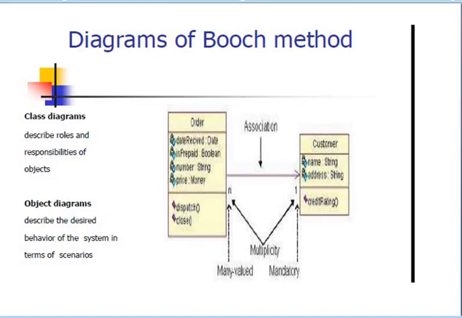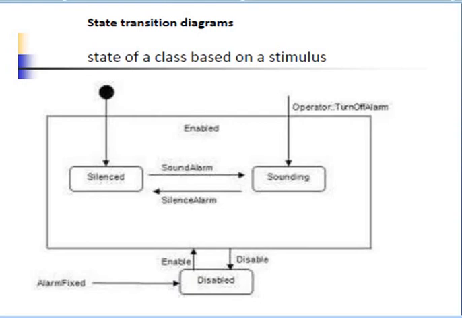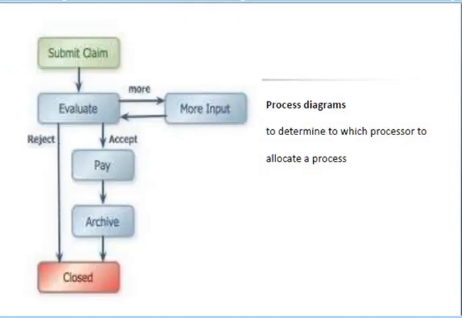Next is state transition diagrams, based on the stimulus which is given, which represents different states along with data flow. Next is process diagram.